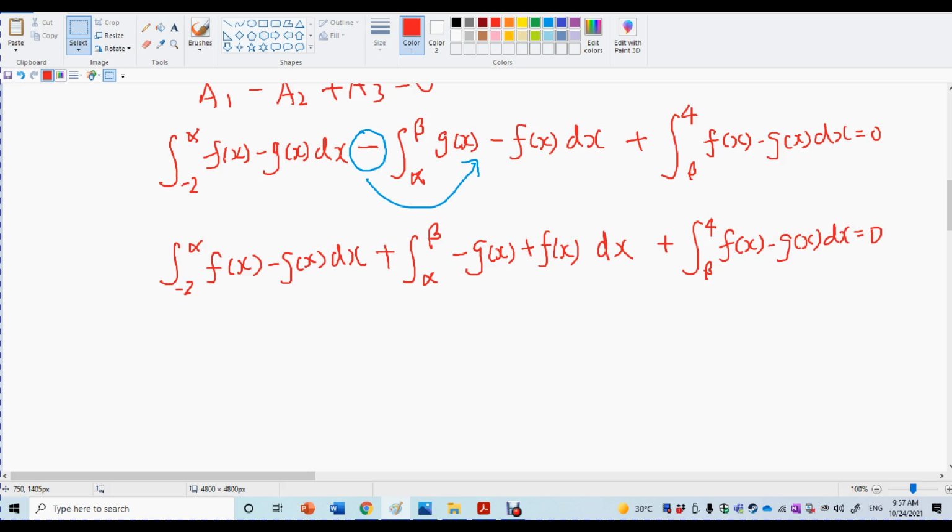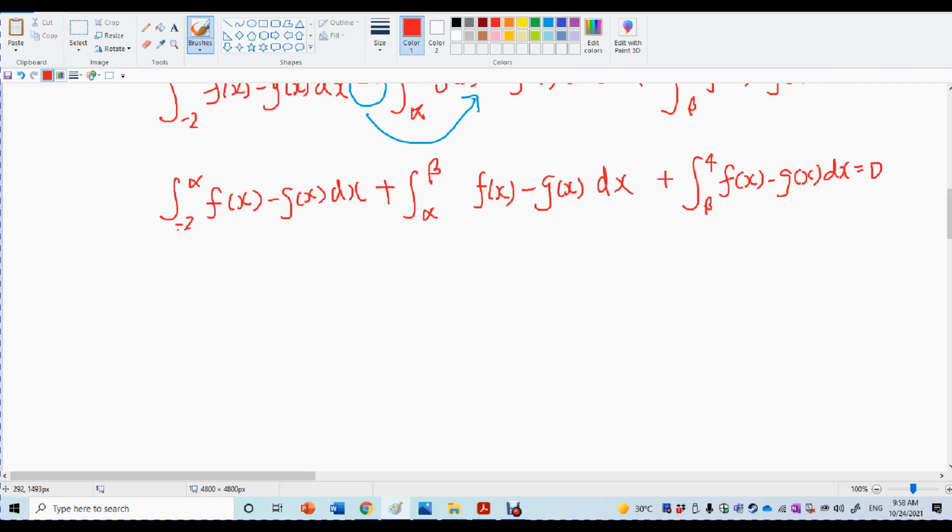If I rewrite that a little bit, it's f(x) minus g(x). Now when we look at the upper limit and lower limit, from -2 to alpha, they are the same.